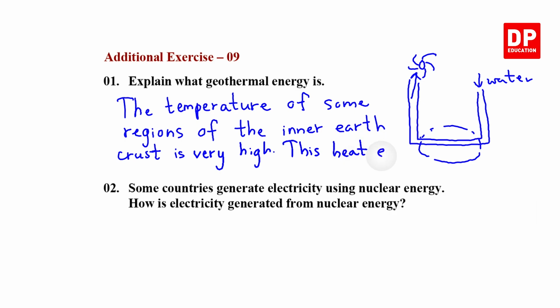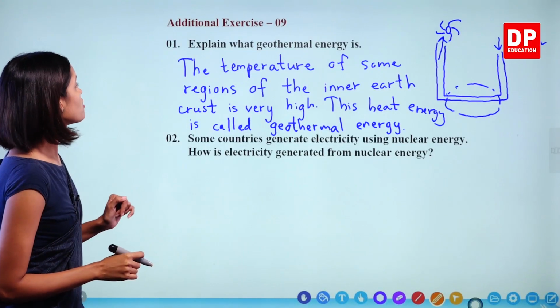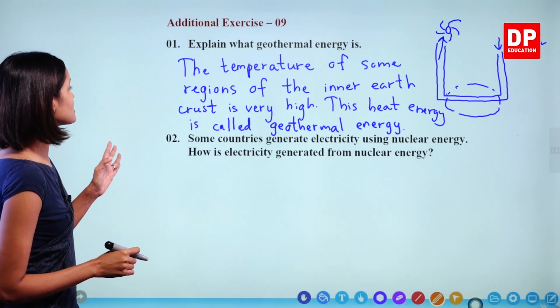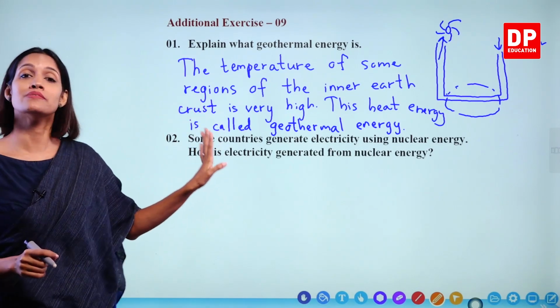This heat energy is called geothermal energy. Okay. The temperature of some regions of the inner earth crust is very high. This heat energy is called geothermal energy.